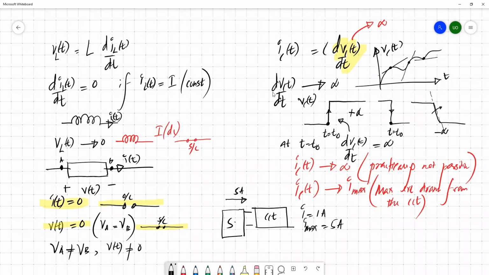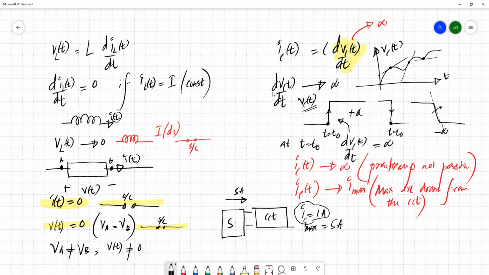If you maintain a sharp edge across this capacitor voltage, then from this fundamental equation we know that the derivative goes to infinity and it absorbs heavy current from the source. Then the source basically delivers 5 ampere. The circuit which we are referring to here is designed only for 1 ampere current.